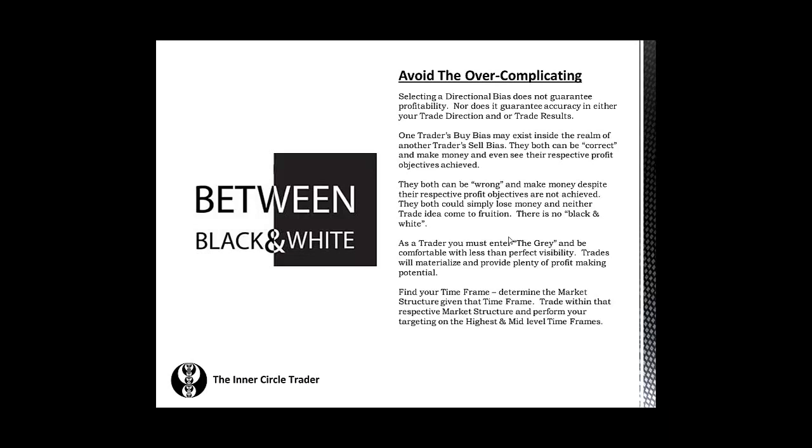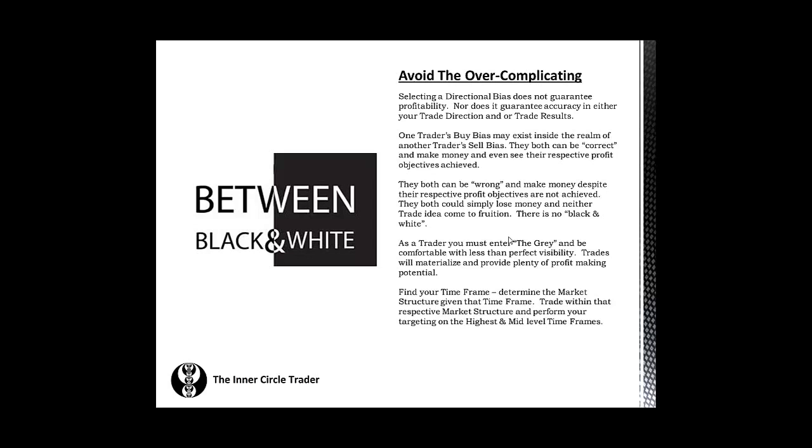So by selecting a directional bias, this does not guarantee profitability. It's very important you understand that. Nor does it guarantee accuracy in either your trade direction or your trade results. One trader's bias may be bullish, they're looking for buys, and that may exist inside the realm of another trader's sell bias.